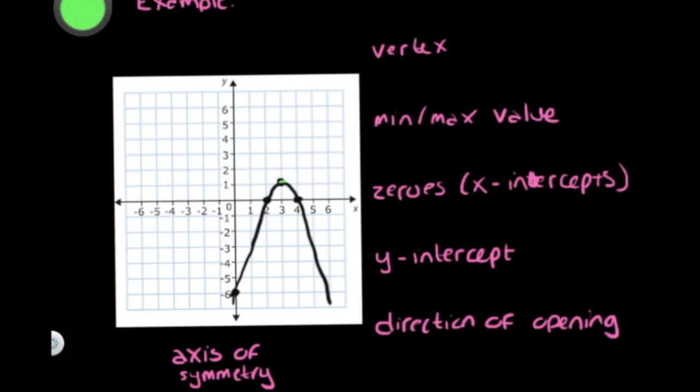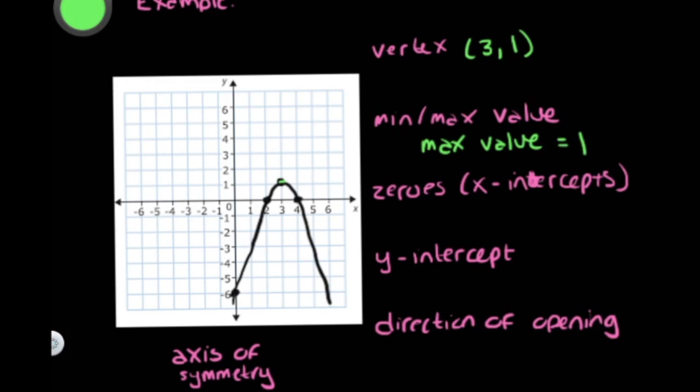So our vertex is at 3 and 1. Now, what is the minimum or maximum value? Well, remember that's going to be the highest or lowest point that the parabola reaches. So the highest point that we reach here is at +1. So this has a maximum value of 1.